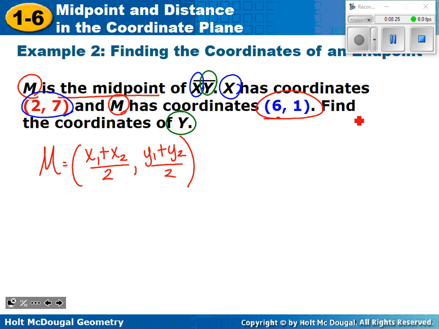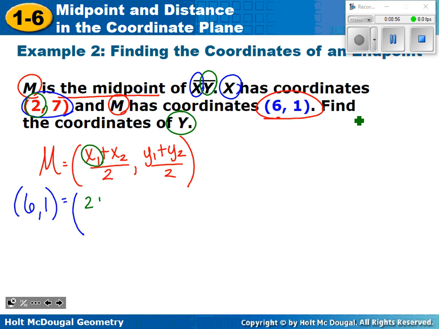What's going to go in for capital M? 6, 1, the midpoint. So this time we're going to plug the midpoint in for the capital M because we know the midpoint. It's 6, 1. Then we're going to use the other point they gave us, 2, 7, as one of our x's and one of our y's. And then we're going to try to find the other x and the other y. So what are we going to plug in for x1 here? 2.